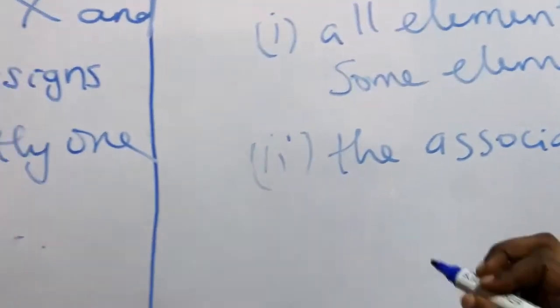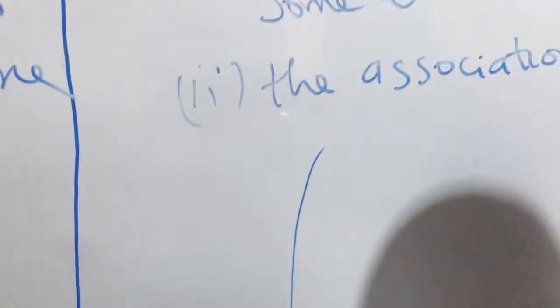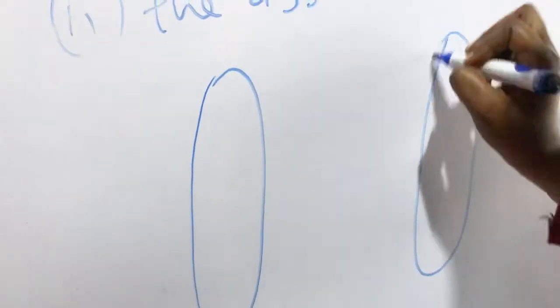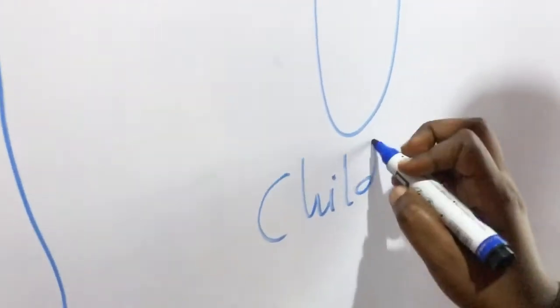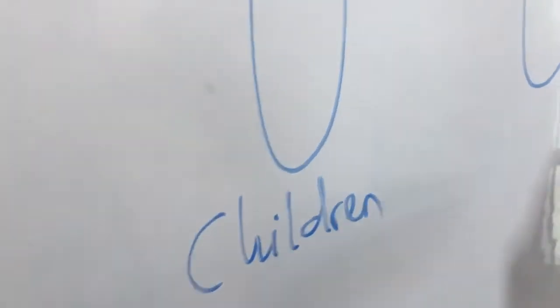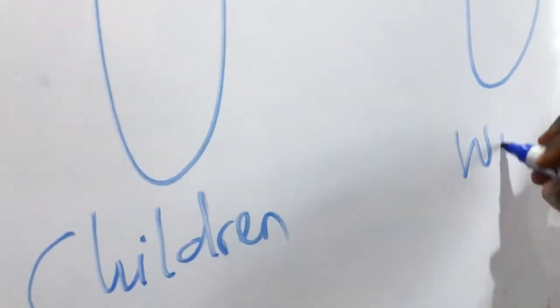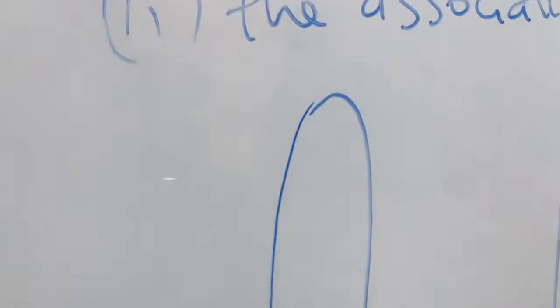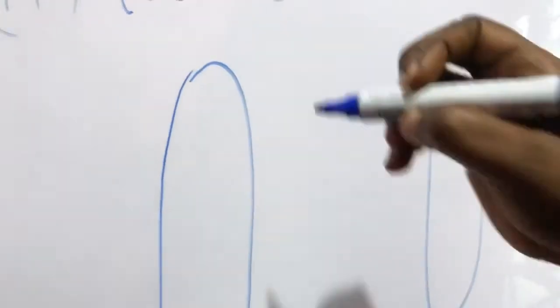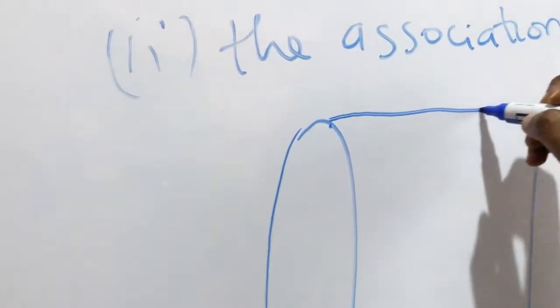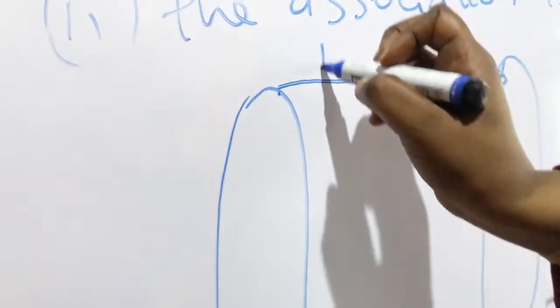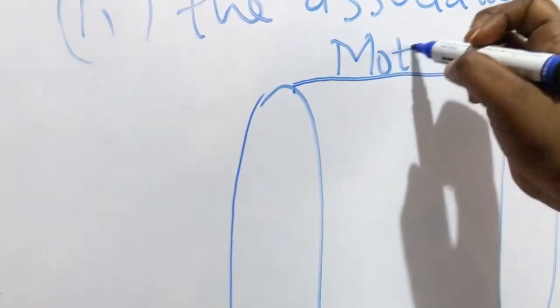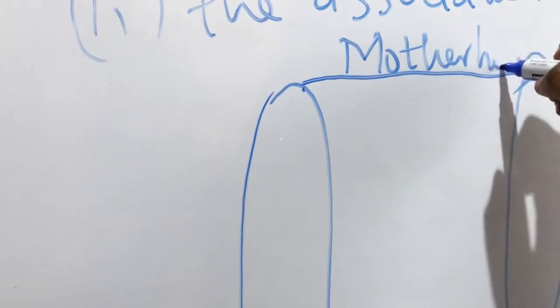Now, let's use this example arrow diagram to explain. Let's say we have children. We have ladies or women. Now, this is the input and here is the output. So, what is the rule? What is the connection? Let's say we want to talk about motherhood.